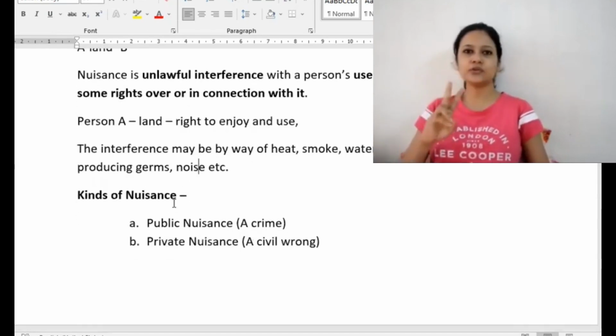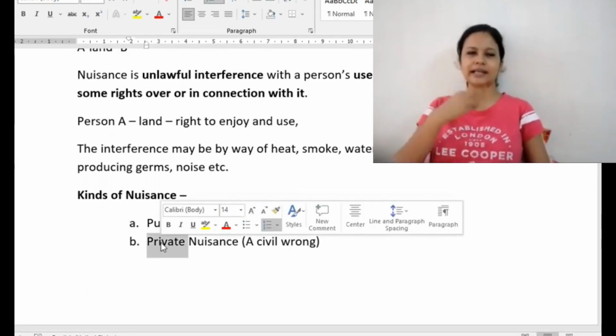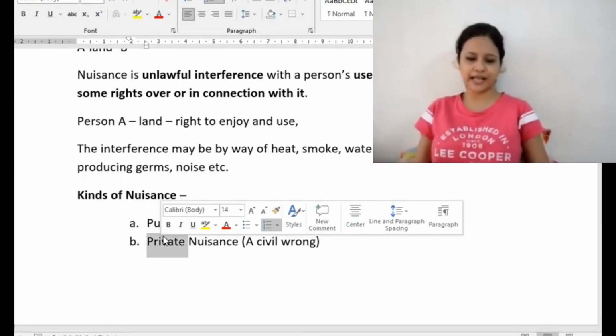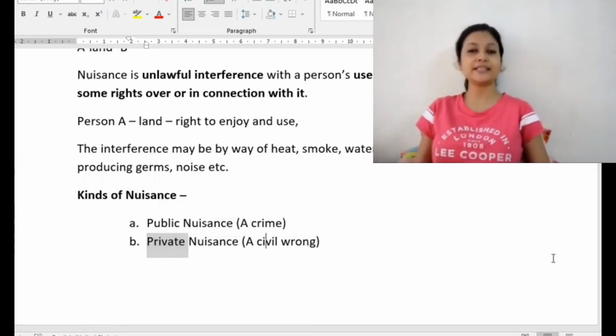Now, there are mainly two different kinds of nuisance. One is public nuisance, another is private nuisance. What is private nuisance? It relates to my private right. It is not affecting the entire society or a larger population. That is why private nuisance is considered a civil wrong.